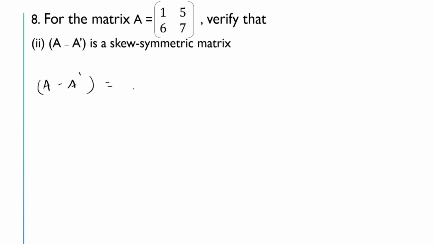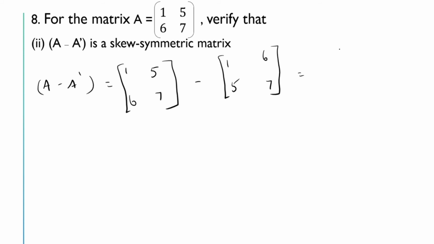So A minus A transpose will be 1, 5, 6, 7. This is A minus A transpose. So this is equal to 0, 5 minus 6 is minus 1, 6 minus 5 is 1, 7 minus 7 is 0.